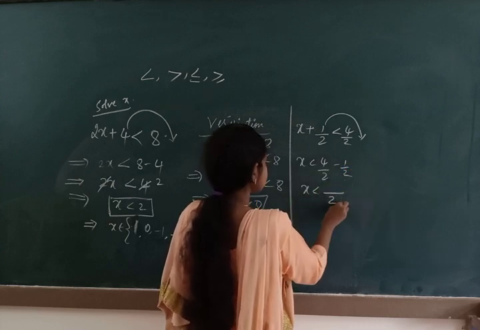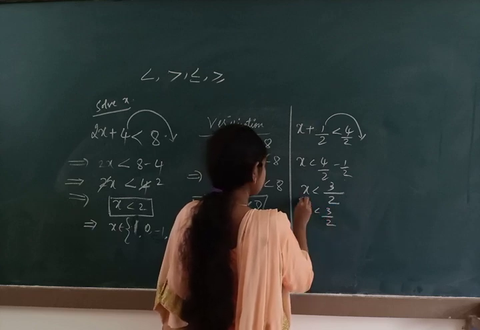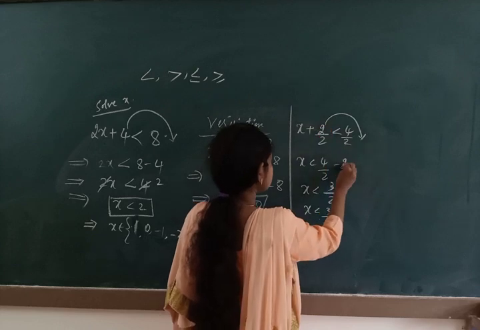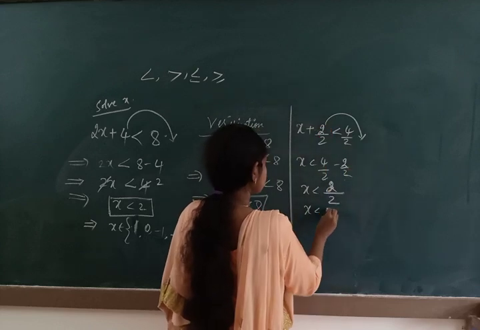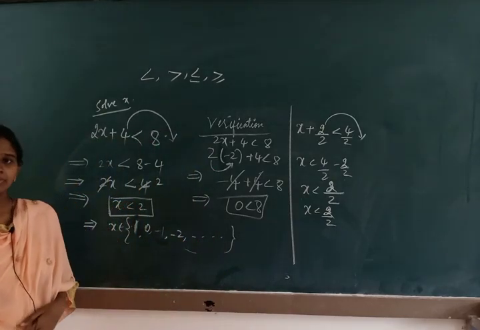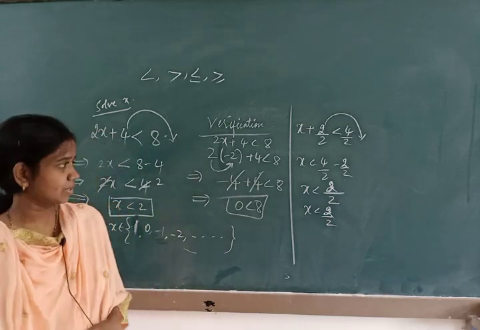The denominator is the same, LCM, 4 minus 3. Instead of 1 by 2, we will take 2 by 2. x plus 2 by 2 is lesser than 4 by 2. Then this implies x is lesser than 4 by 2 minus 2 by 2.